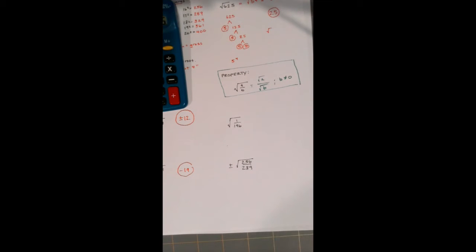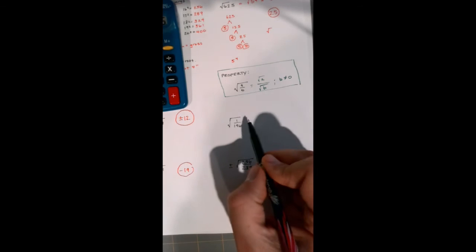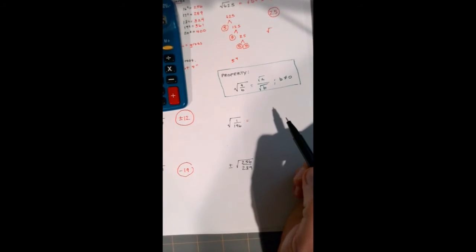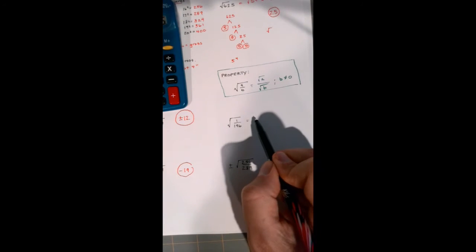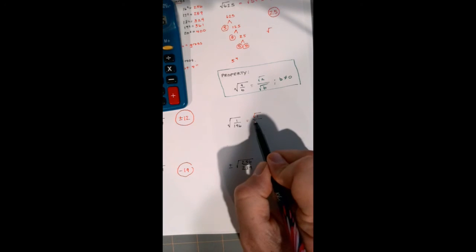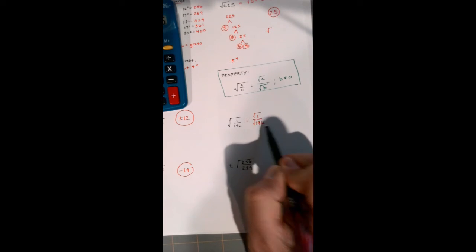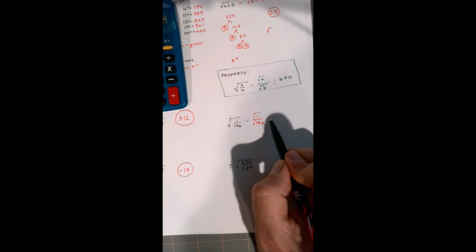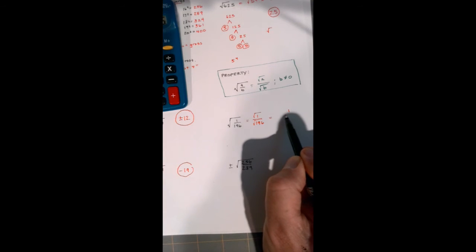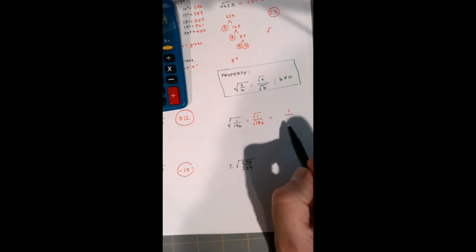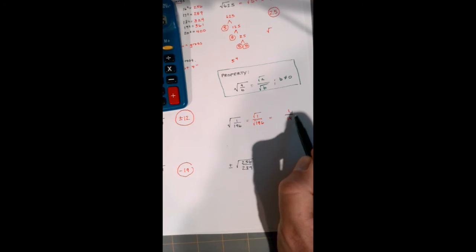So, we'll have a problem that looks like this. What is the square root of 1 over 196? Well, by the property I just figured out, that's going to be equal to the square root of 1 over the square root of 196, which is 1 over 14.